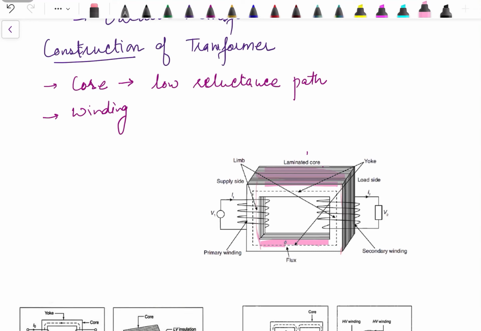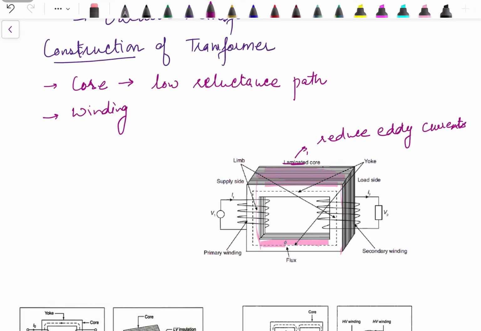Now this core is made up of thin sheets which are laminated from each other in order to reduce the eddy current losses. Now why is it a laminated core? To reduce the eddy currents and hence the eddy current losses.